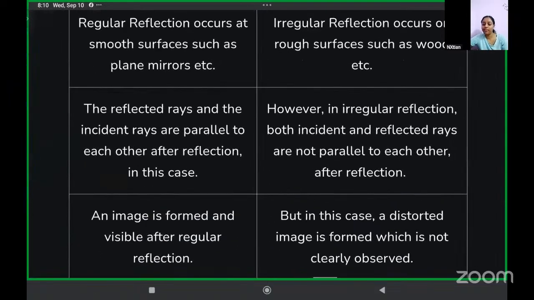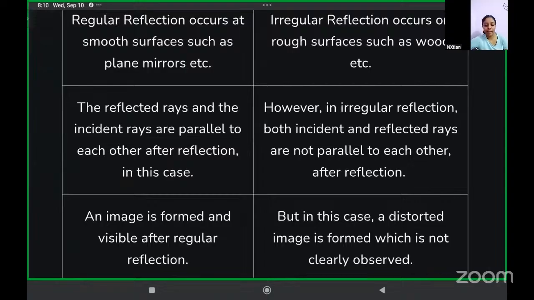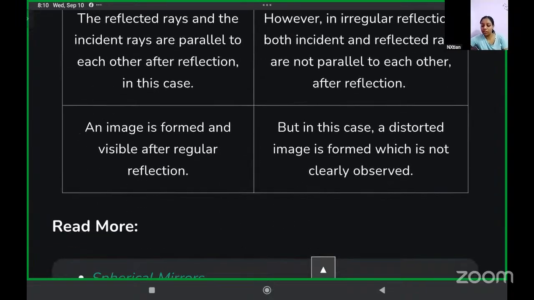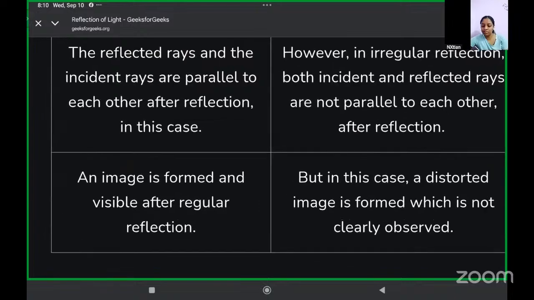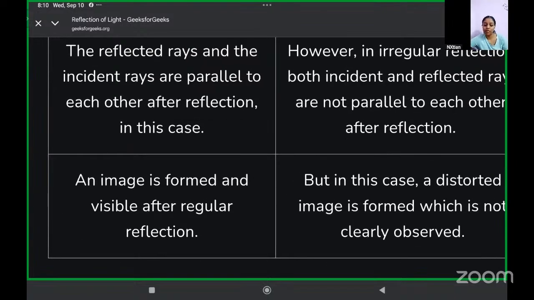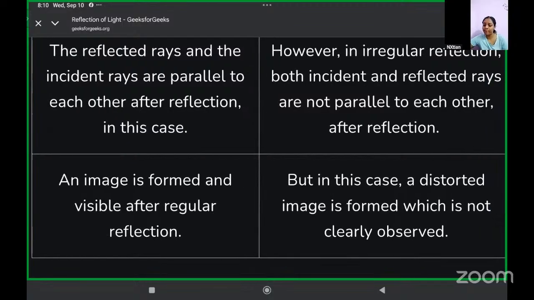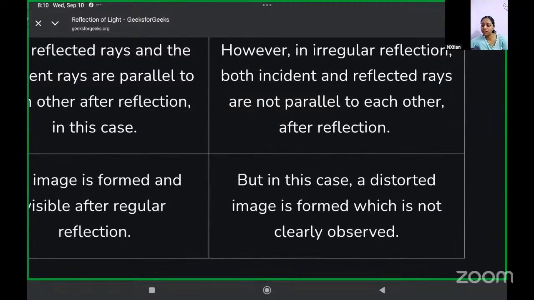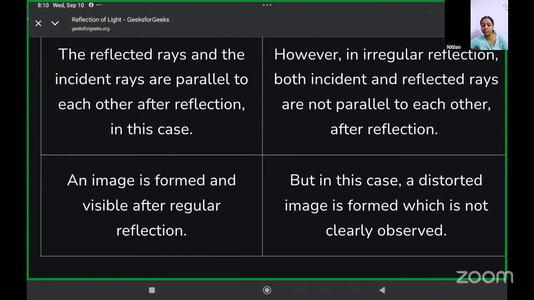In specular reflection, the reflected rays and the incident rays are parallel to each other, but in irregular or diffuse reflection, the incident and reflected rays are not parallel to each other. An image is formed and visible after regular reflection, but in diffuse reflection a distorted image is formed which is not clearly observed.